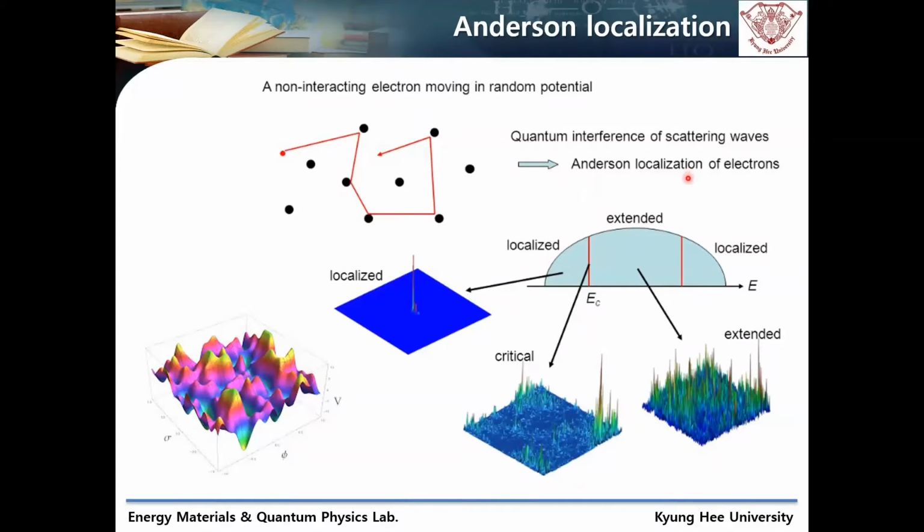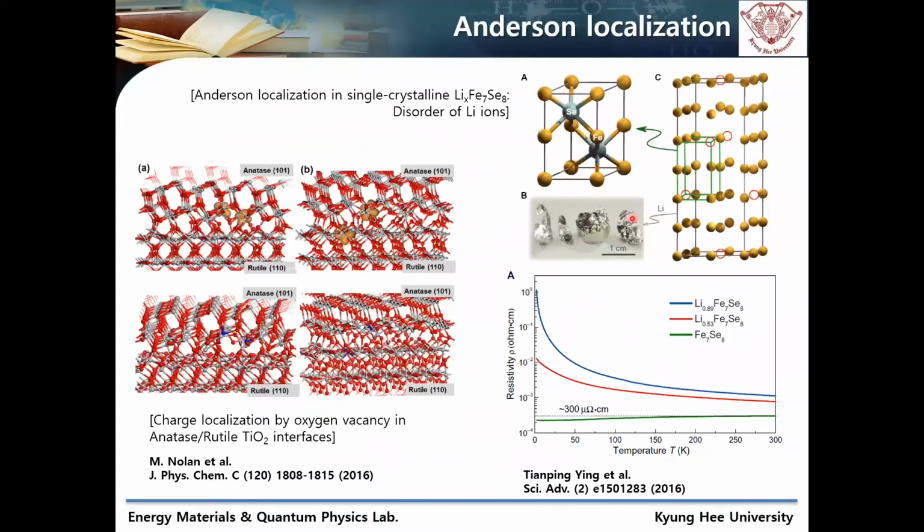There are several examples of Anderson localization in bulk materials. For example, at a titanium oxide interface, the anatase and rutile interface can make oxygen vacancies. And oxygen vacancies can act as charge traps, and a charge trap is a kind of Anderson localization.